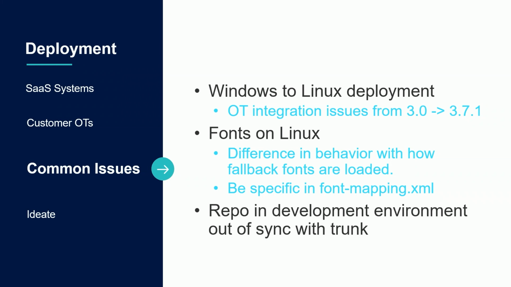Arial MS Unicode is kind of a catch-all for everything. Then basically, stuff doesn't show up, and we get back to the same theme. It was working on Windows. Why is it not working on Linux? So the big one there is be specific in your font mappings. Make sure you have enough default fallback fonts to be able to pick things up.